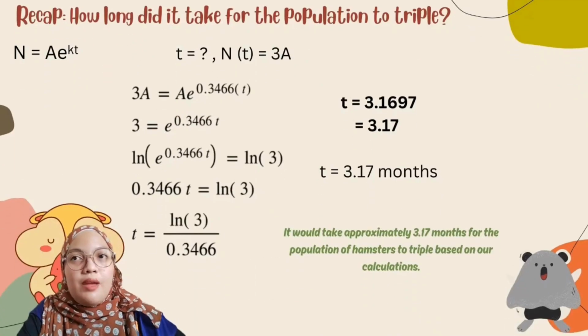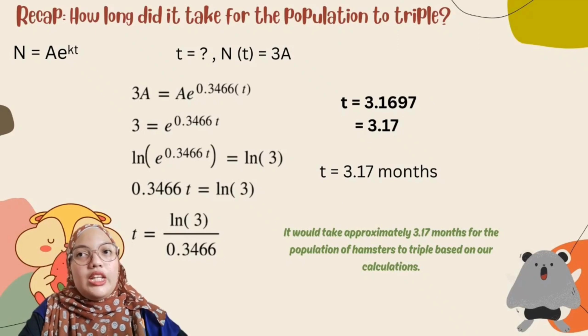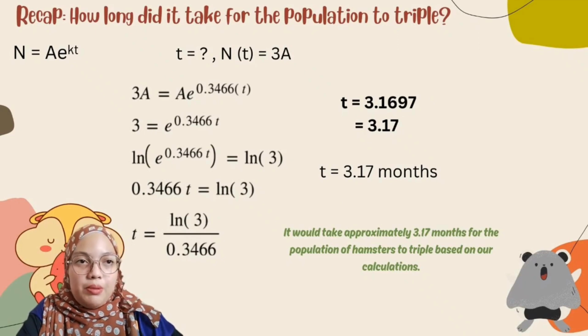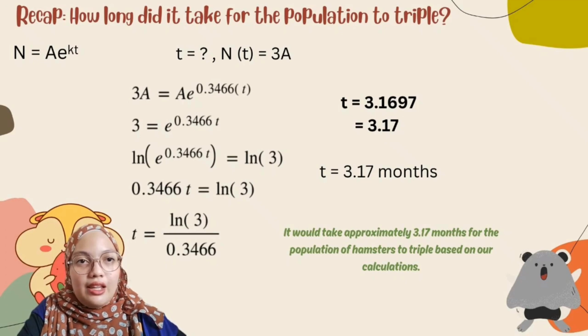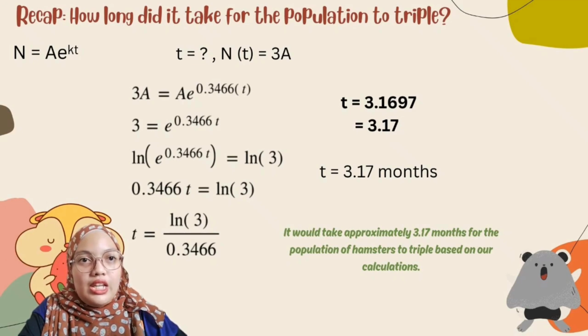So, to recap the question: how long did it take for the population to triple? Based on the question, we need to find t, the time. So the equation would be N(t) equals 3A, because it is triple the initial population.